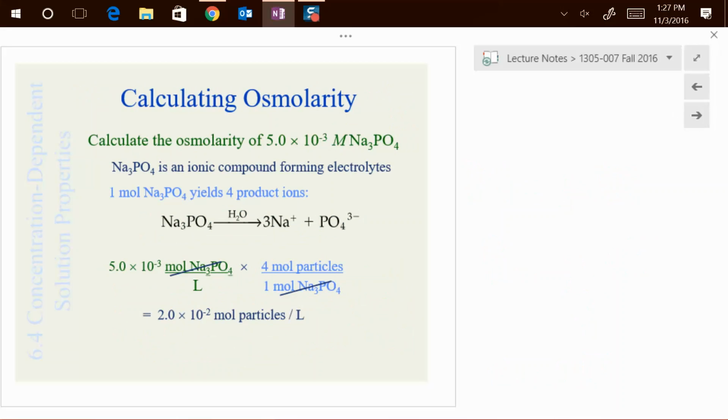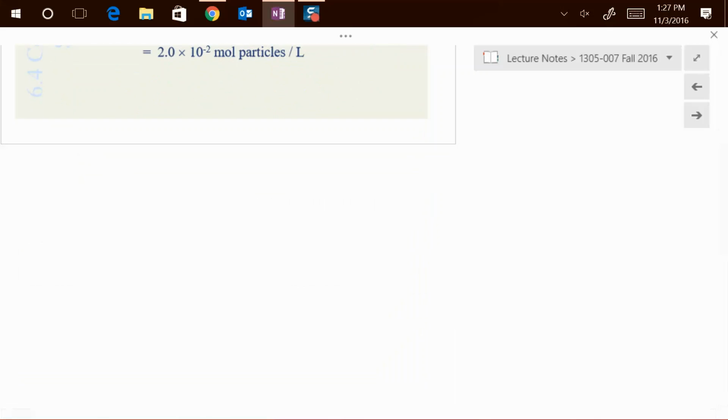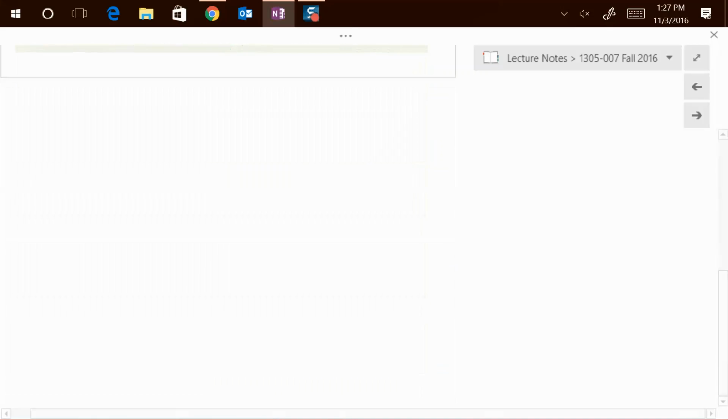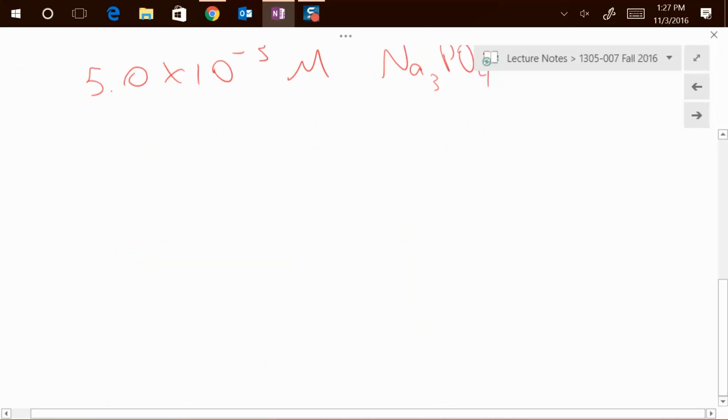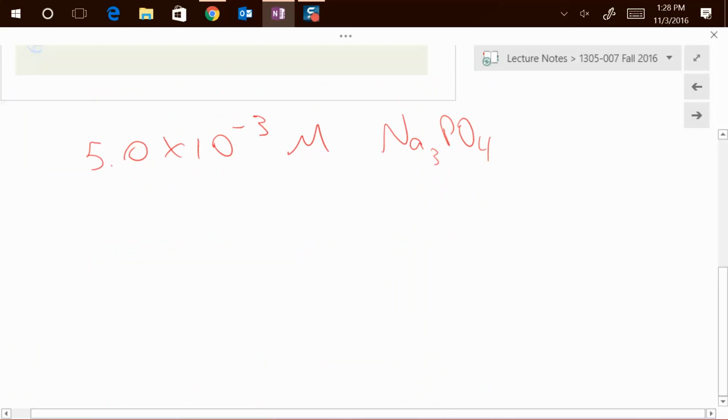Okay, so calculate the osmolarity of 5.0 times 10 to the negative 3 molar sodium phosphate. So all that this is asking is, how many particles are there here?